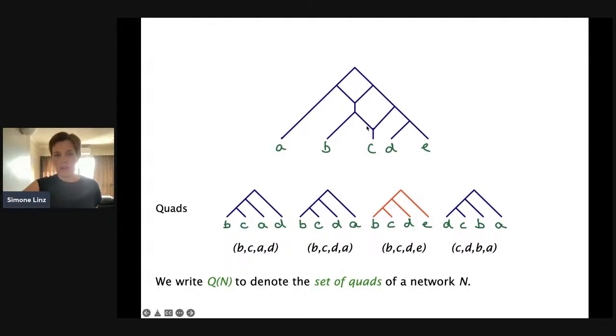B and C are together in a cherry, then A, and then we pick up D from the other side of the root. The red quad is not displayed by the network. The 3 blue quads are all displayed by the network. In this case, I use Q(N) to denote the set of quads of a network.